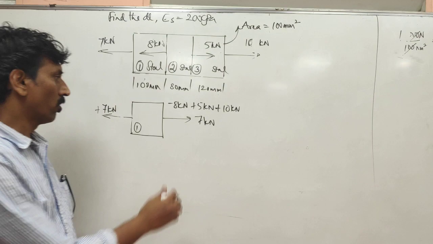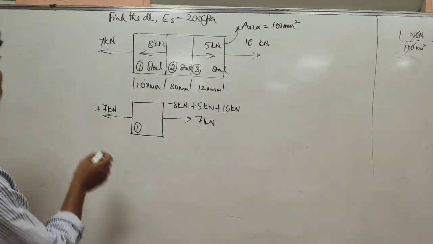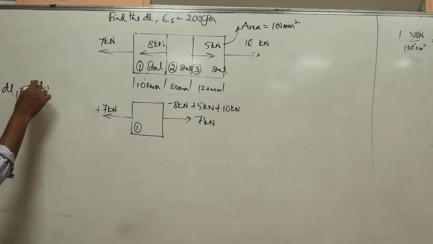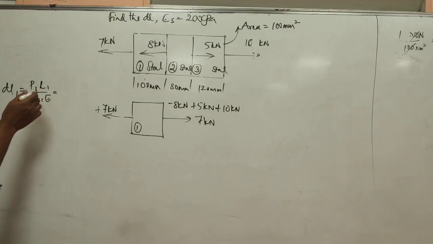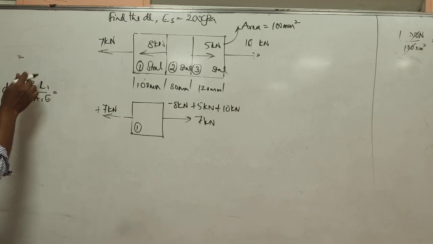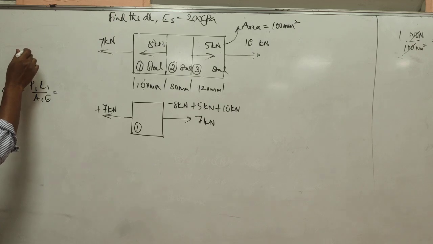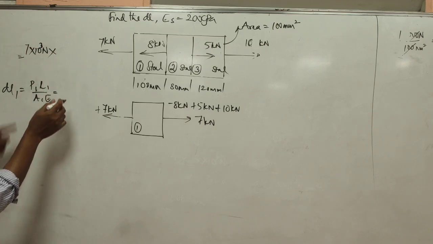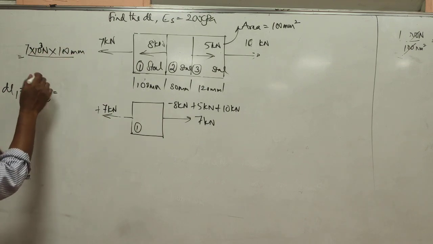So you know the formula for the elongation of this one. You can definitely use this. So dl1 is equal to P1 L1 divided by A1 E1. You can substitute these values here. Now what is the load acting here? 7 into 10 to the power of 3 newtons multiplied by L1, which is 100 mm, divided by AE.